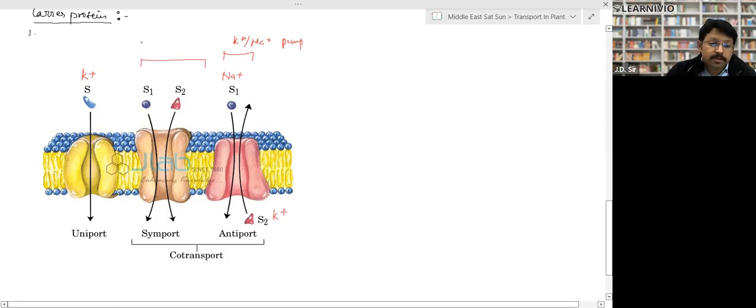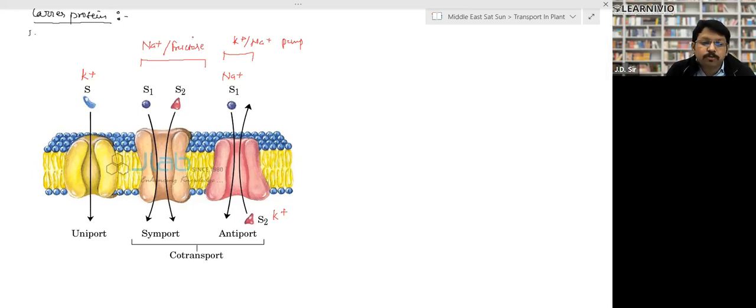Sodium helps in the transport of fructose; sodium and fructose are transported simultaneously. They are an example of symport. Symport transports two molecules in the same direction. Antiport transports two substances, but the direction is opposite. In uniport, they transport only one substance. Symport, antiport, and uniport.